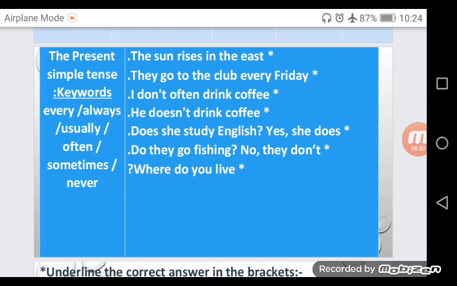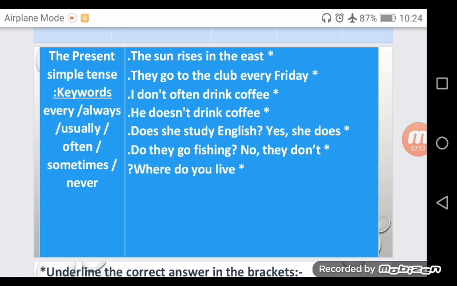Next we have, does she study English? Yes, she does. This is a question, a yes, no question. Does, because the subject is she. And also study is in the infinitive form, not present.